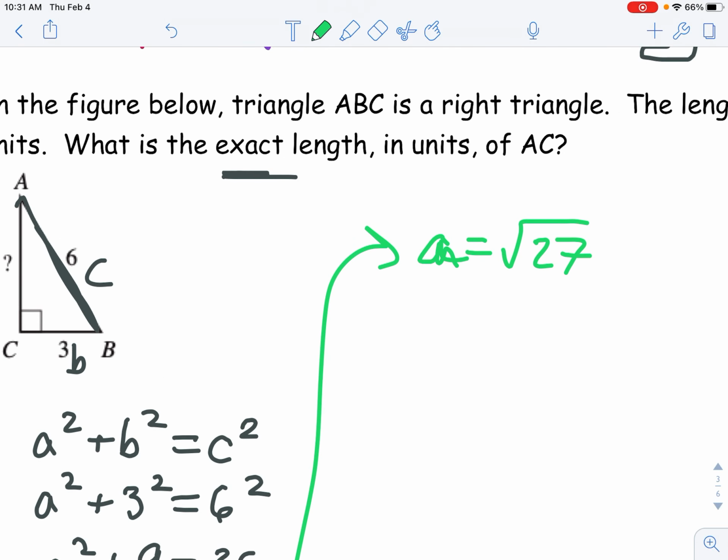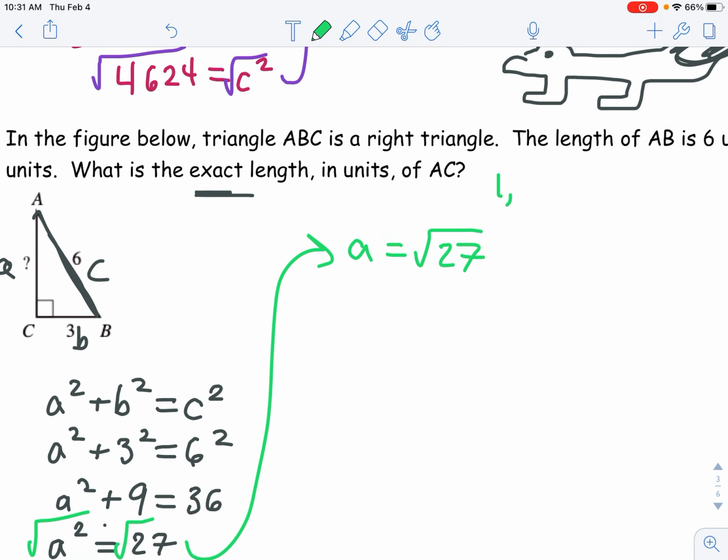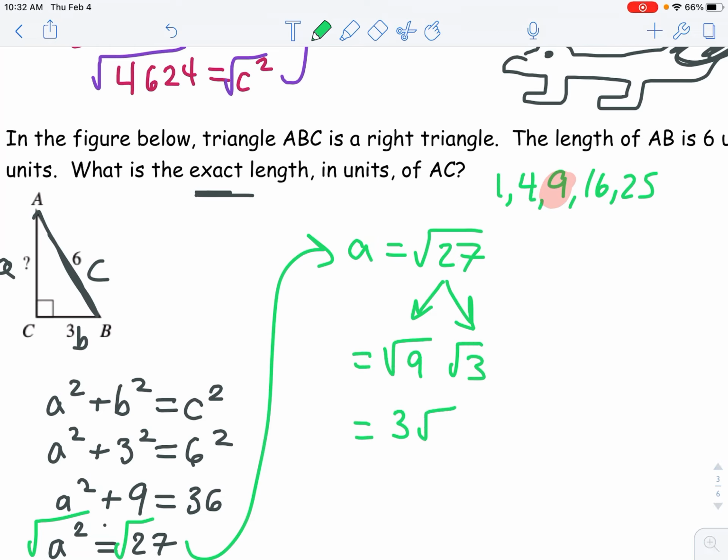That's a horrible looking A. Remember, square factors are 1 never helps, 4, 9, 16, 25, and so on. Are there any perfect square factors? Yes, 9. So I can break this up into the square root of 9 times the square root of 3. Remember, you always write the perfect square factor first. What's the square root of 9? 3. The square root of 3 cannot be reduced, so that's exact.